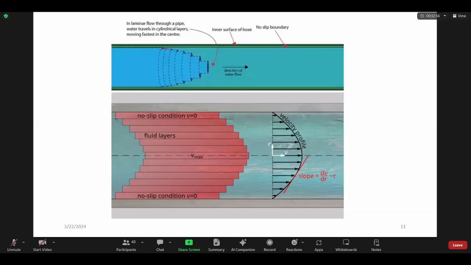The 3D model is converted into a 2D model. You can identify using this image, it's a very clear image. Vmax is given by this layer, the middle one.